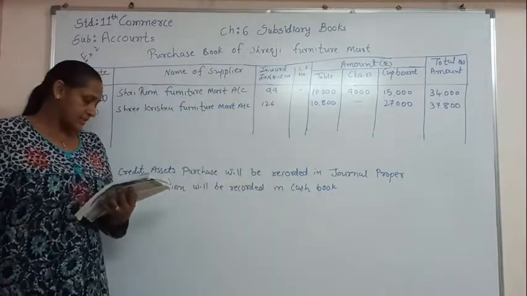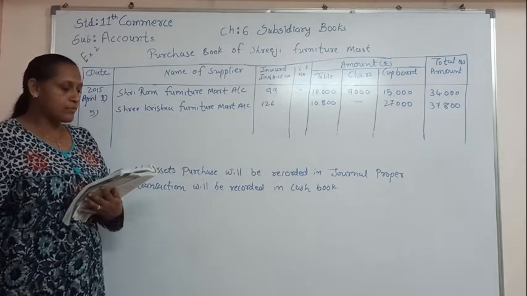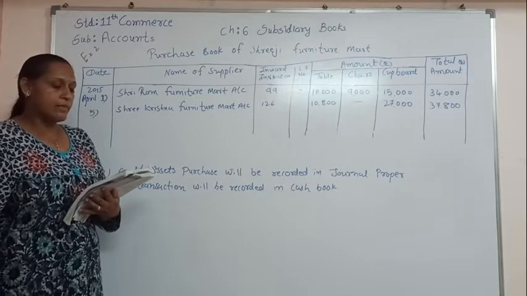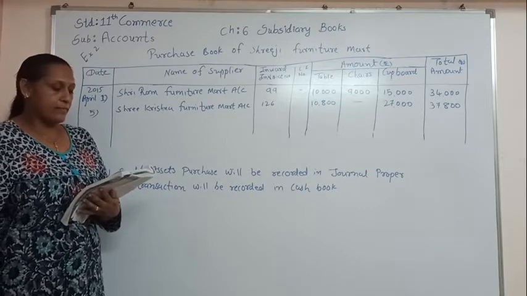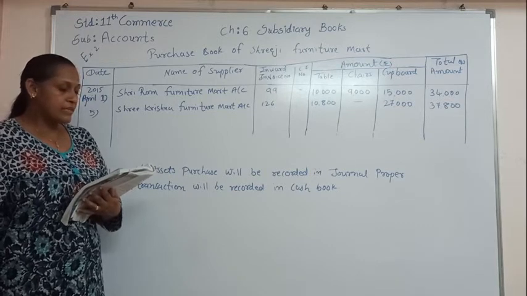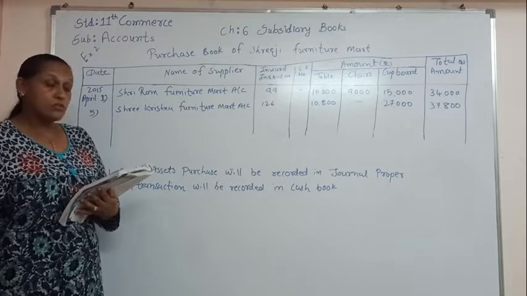Next is of date number 25. An order placed with Sri Ambe Furniture Trading Company: 20 pieces of table at 900 per piece, 5 pieces of chair at rupees 700 per piece. So here it is an order.